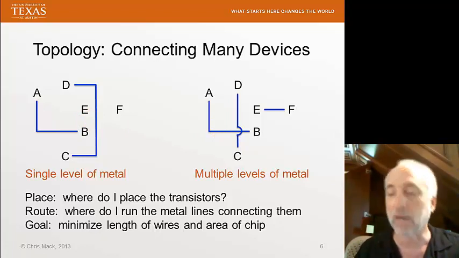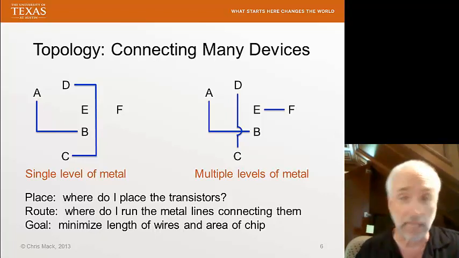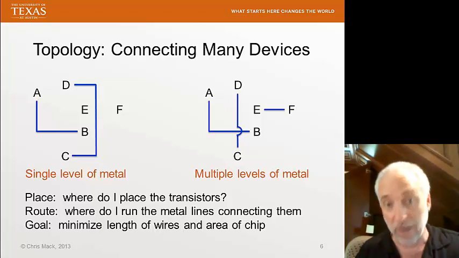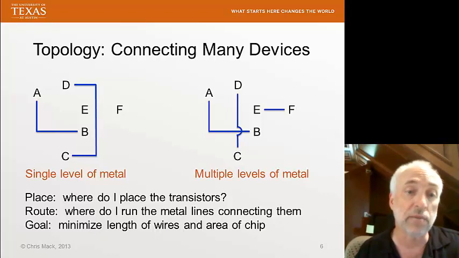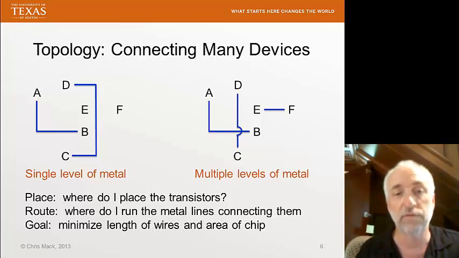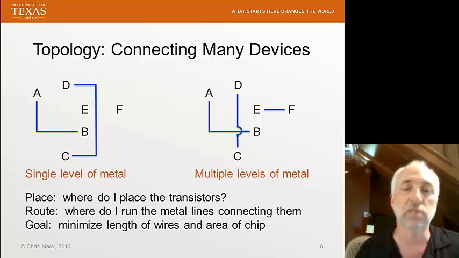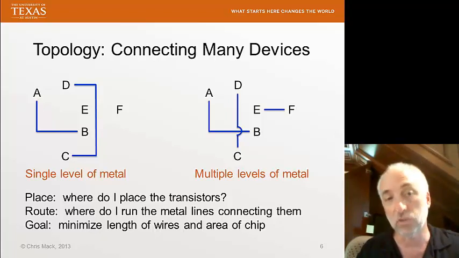Multiple levels of metal is one of the ways of reducing the length of these metal lines and the area of the chip, but also figuring out the optimum placement and the optimum routing of these lines contributes to minimizing the area of the chip and the length of the wires as well.